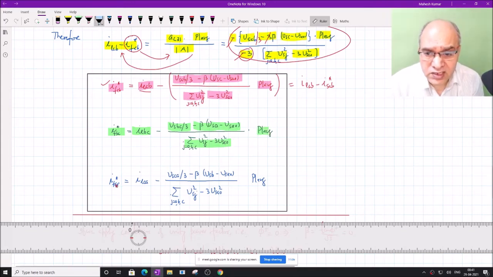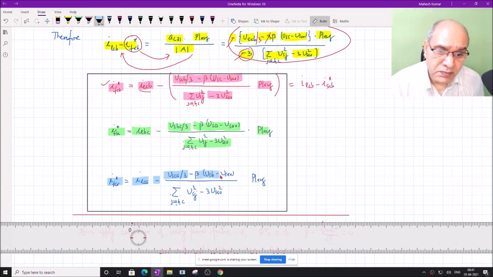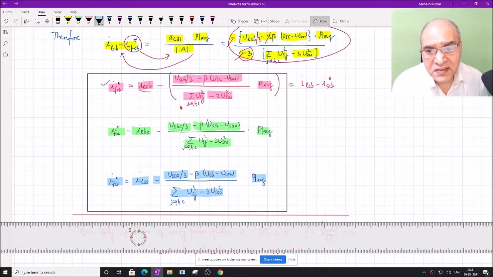And the third one is IFCA star equal to ILCA minus VSCA by 3 minus beta VSB minus VSA0 by sigma VSJ square minus VSA square into PL average. So 3 currents, 3 variables, we can solve it online and we can make this compensation.